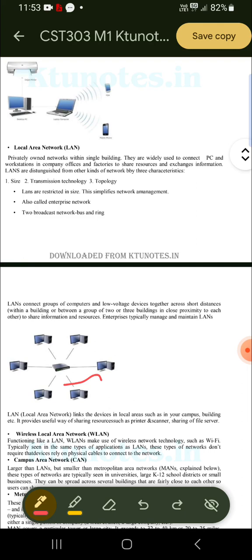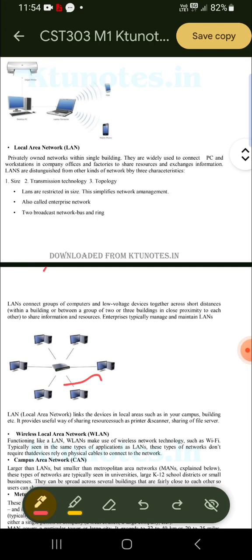Basically they are divided into three, on the basis of size, transmission technology, and topology. LANs are restricted in size. Transmission technology I have told you, and topology is based on how it's arranged, like bus, ring or something like that.